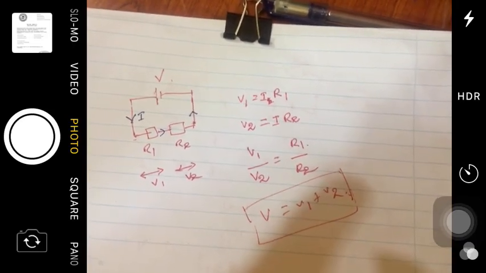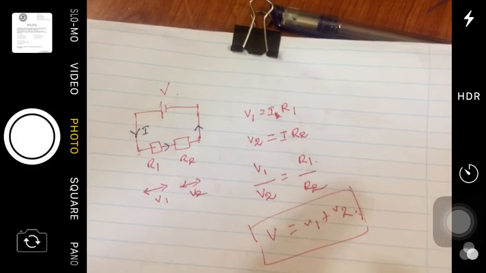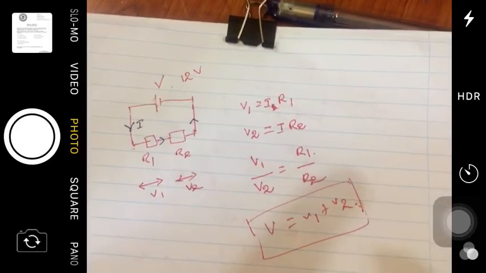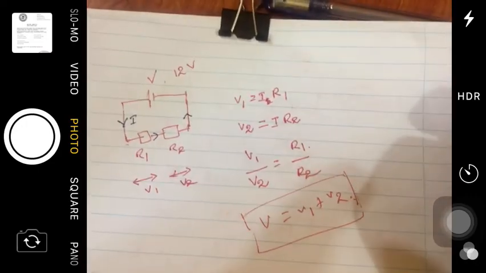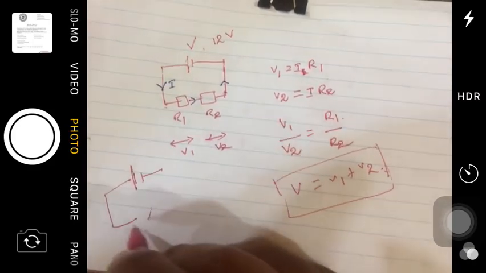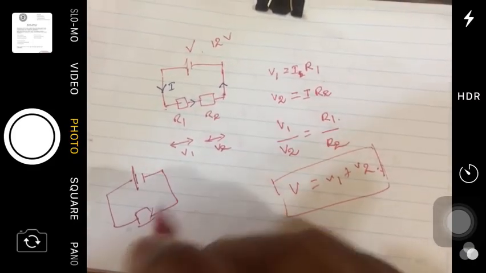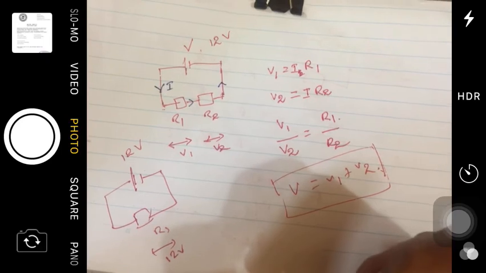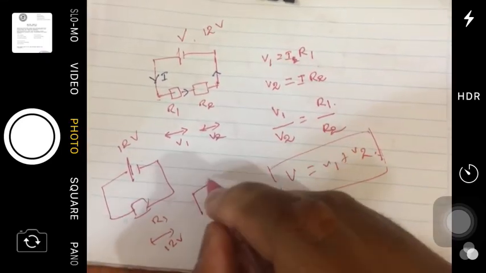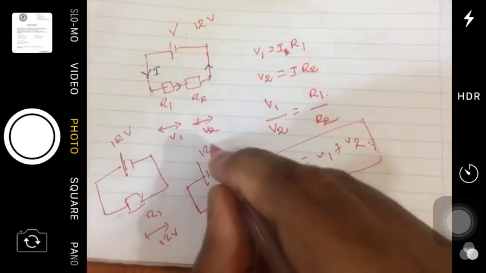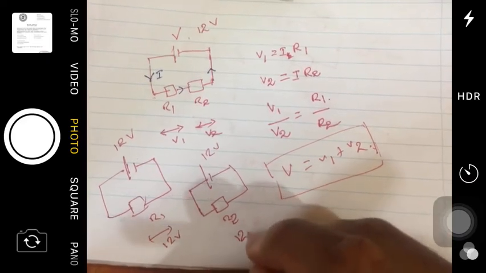Now the thing is the battery will always give a certain potential. If it is 12 volts, that's going to give 12 volts, doesn't matter what is the component that you're connecting across it. If you have connected this R1 separately, then the entire terminal voltage would fall across R1, right? And if you have connected the R2 separately, then also the entire terminal voltage 12 volts will fall across R2.